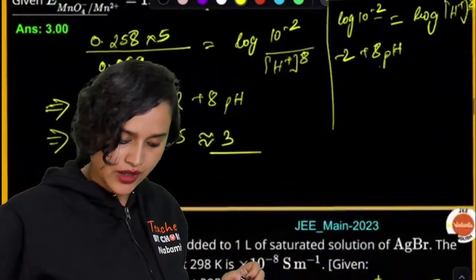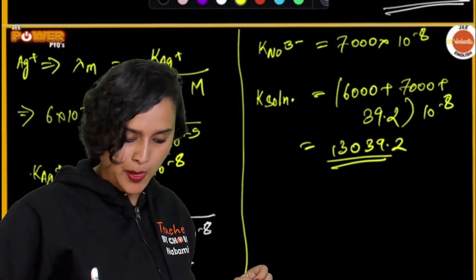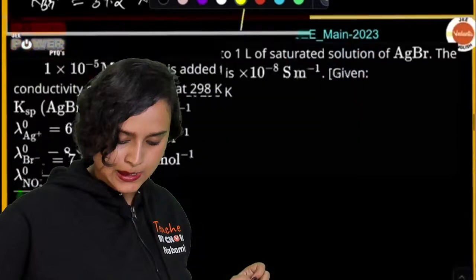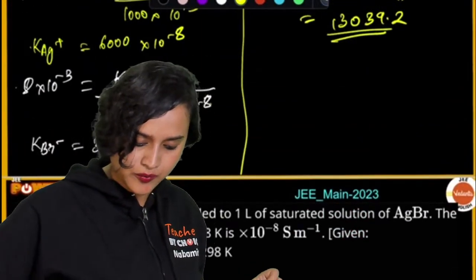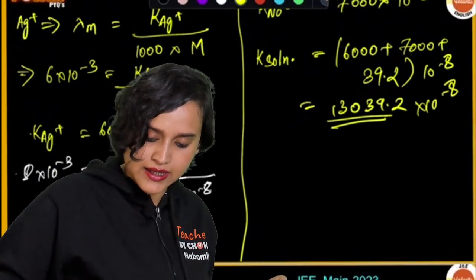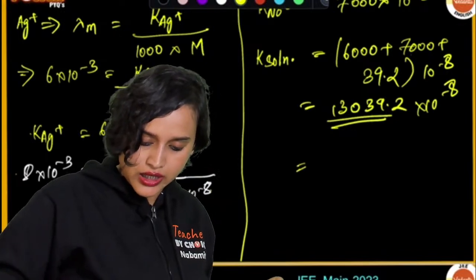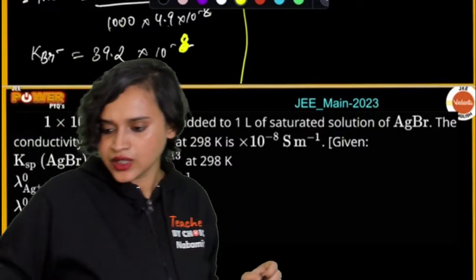K into 1000 divided by M. So this is equal to something into 10 to the power minus 8. So that means this is almost equal to 13.0 something, that will be equal to 14. K Ag plus.